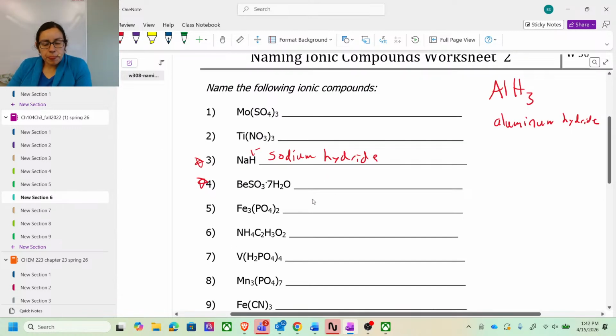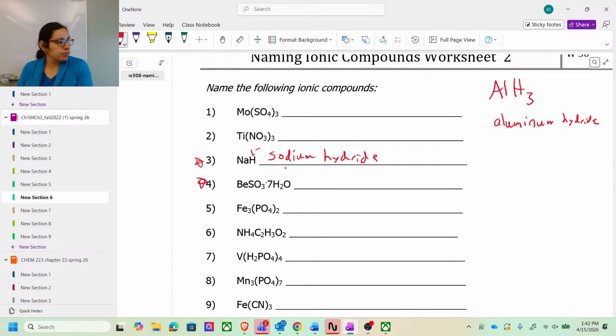And then how would we name this last part of our water? So come up with our name here. So then we'll name the first one. So excellent. So beryllium sulfite, right? And then hepta for our 7 hydrate.